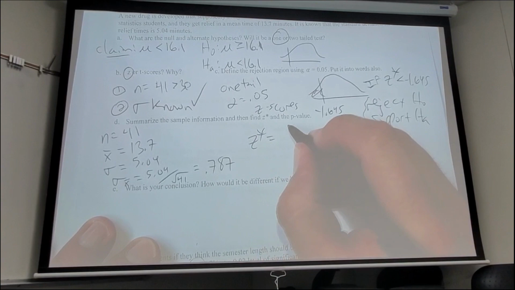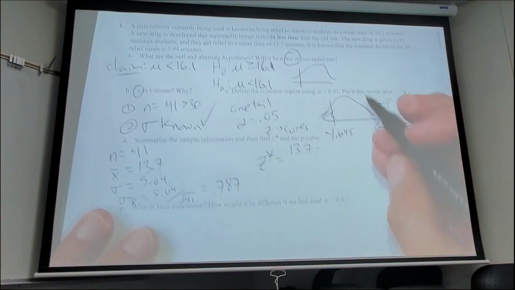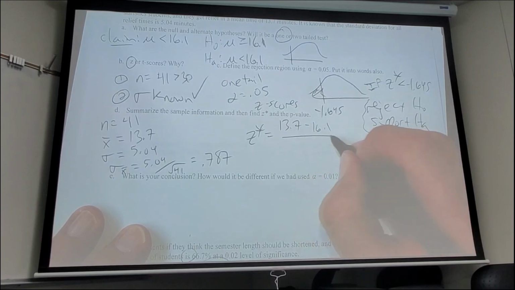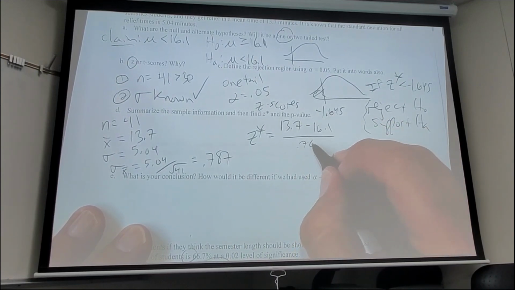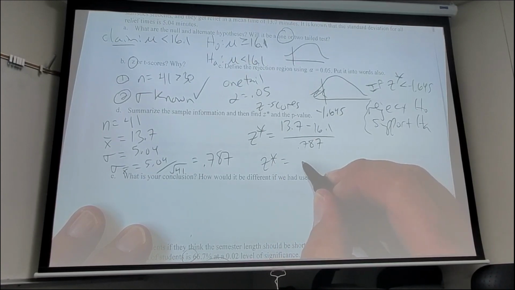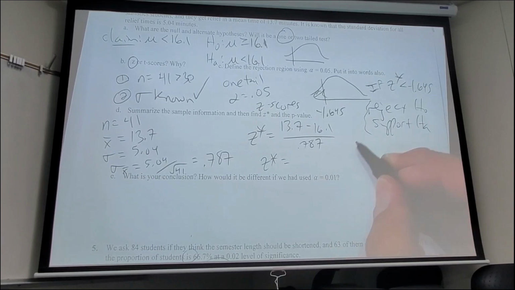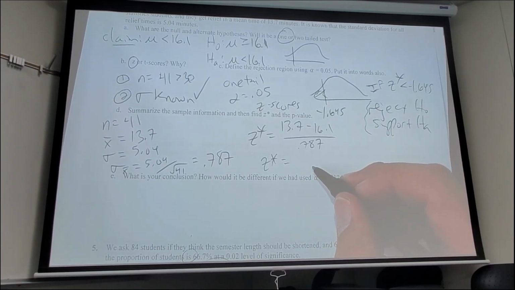Z star is our data minus the supposed middle divided by the new standard deviation. So what do you guys get for that? I get negative 3.05.